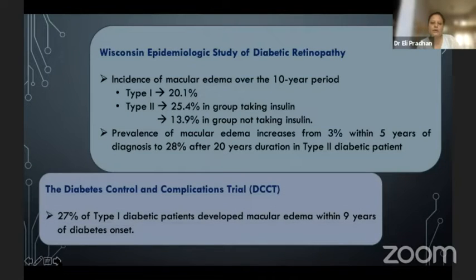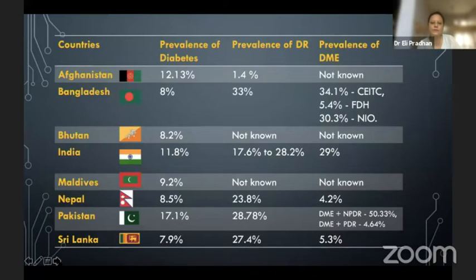According to DCCT, 27% of type 1 diabetes patients develop macular edema within 9 years of diabetic onset. This is the overall prevalence of diabetes, diabetic retinopathy, and diabetic macular edema, taken from different references, which will be presented at the end.